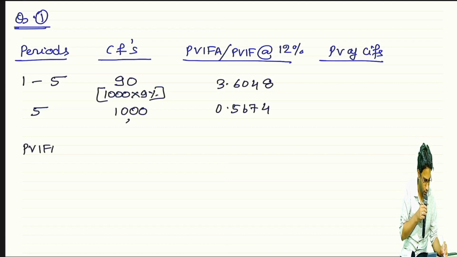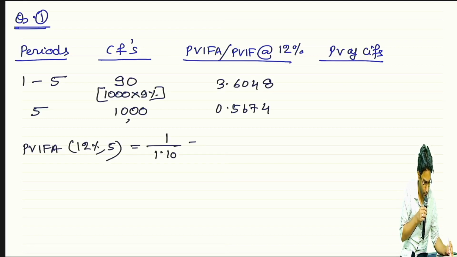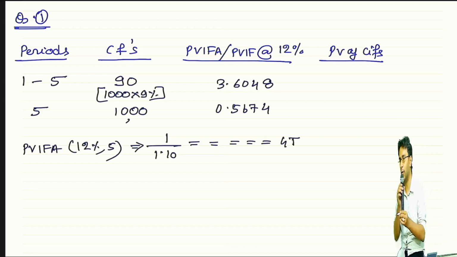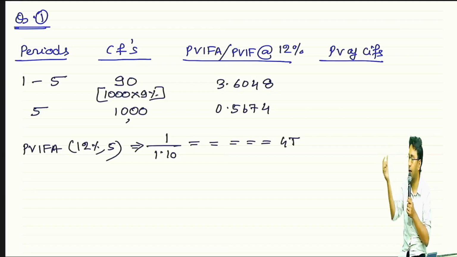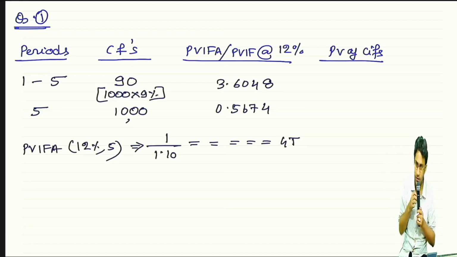PVIFA 12%, fifth period. I did like this, sir. After getting the fifth equal to, I will get fifth year PV factor. I first wrote that near against fifth year. Then I press GT. I get this.